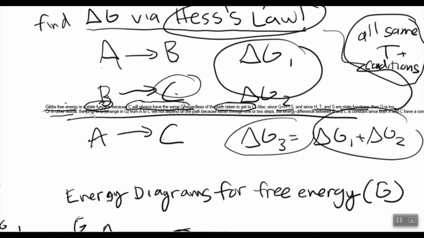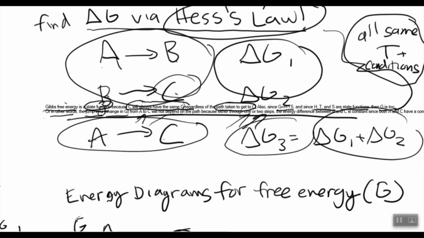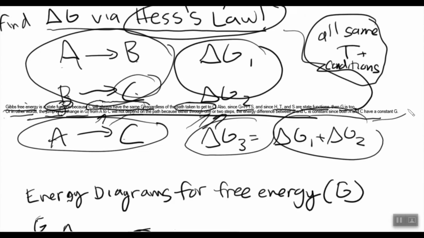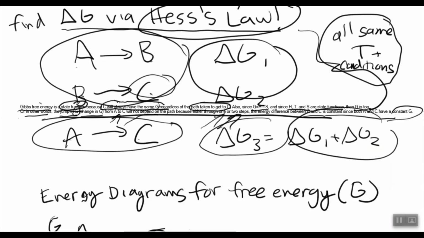Or in other words, in terms of Hess's law, the jump in G, or the change in G, they mean the same thing, from A to C will not depend on the path because either through one step from A straight to C, or it's two steps from A to B, then B to C, the energy difference between A and C is constant, since both A and C have a constant Gibbs free energy. And that's why Hess's law works, because it doesn't matter what path you take, the sum of the paths will equal the final path.